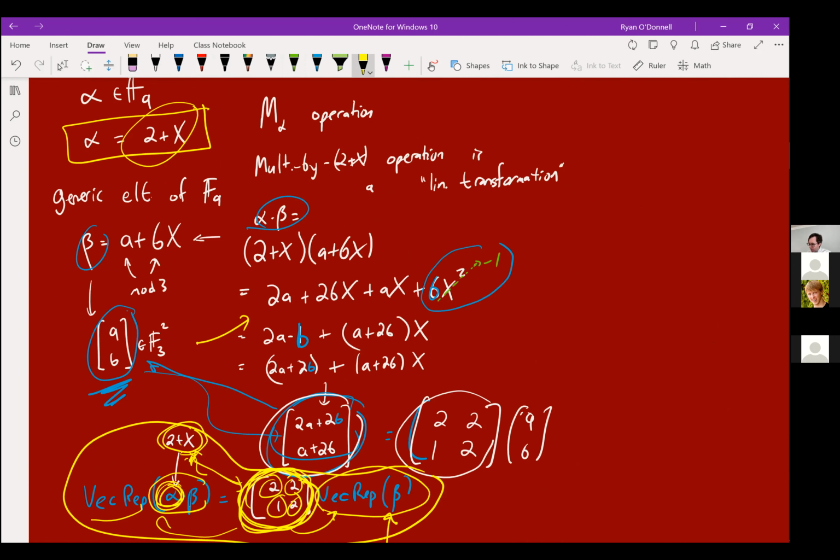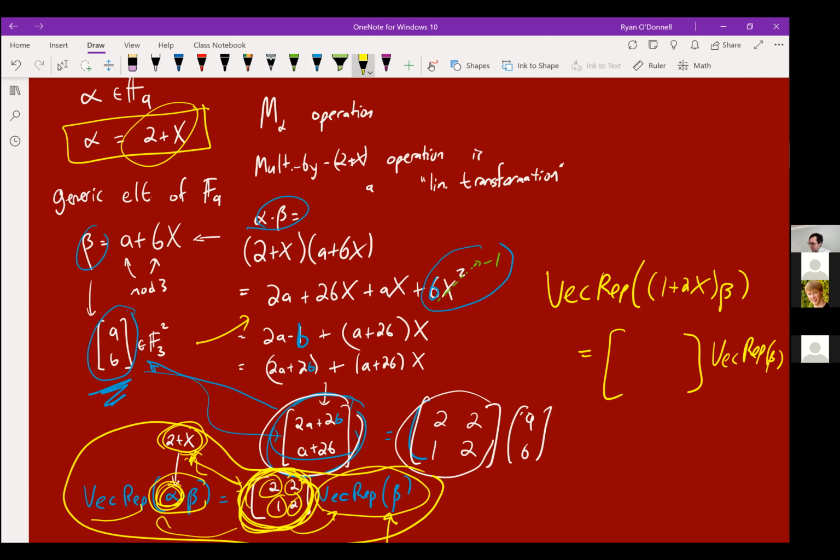But really what this question is asking you is to prove that this always happens. If we're now asking, what's the vector representation of, say, another random element, 1 plus 2x times beta, is this a matrix multiply times the vector representation of beta?